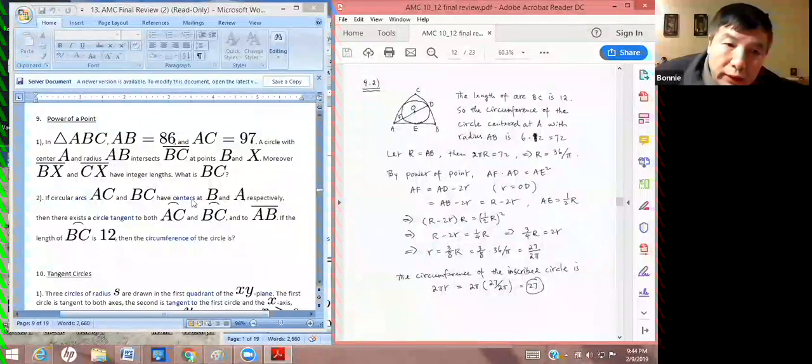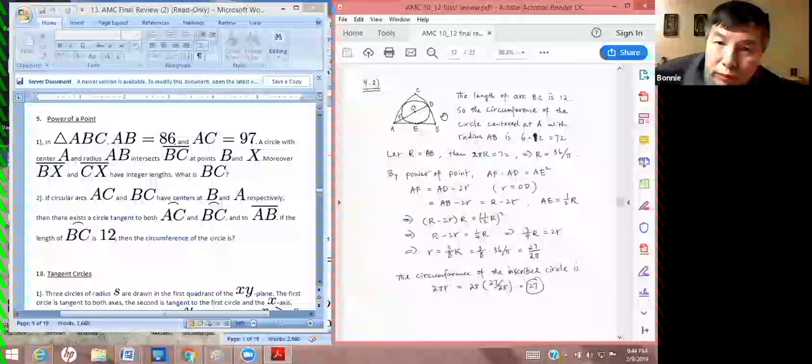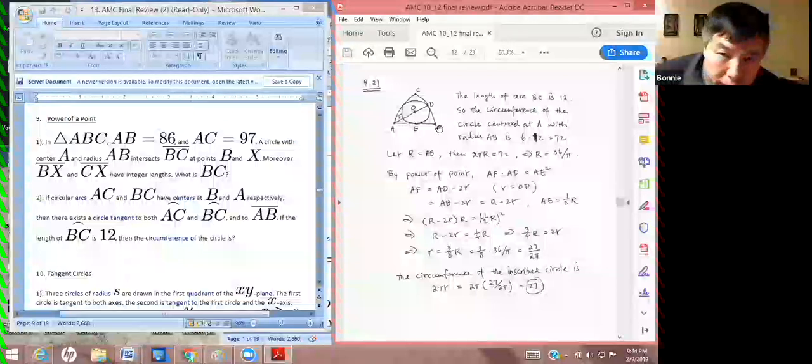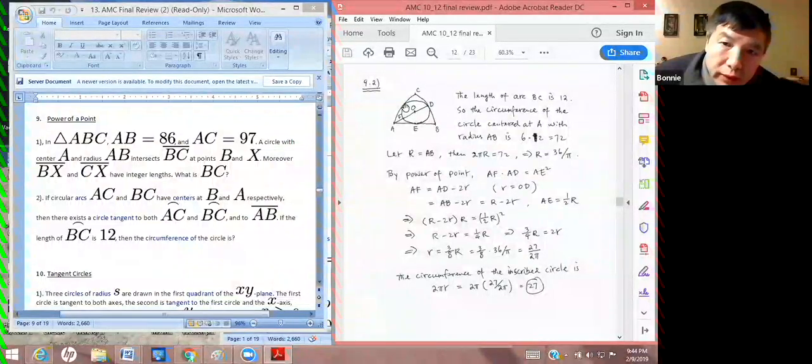The arc AC has center B, and the arc BC has center A. We also have another circle inside. If you draw the diagram, there is the arc AC, the arc BC and the line AB, and then you have another circle inside of this region ABC. The circle is tangent to both arcs and also to the line AB.